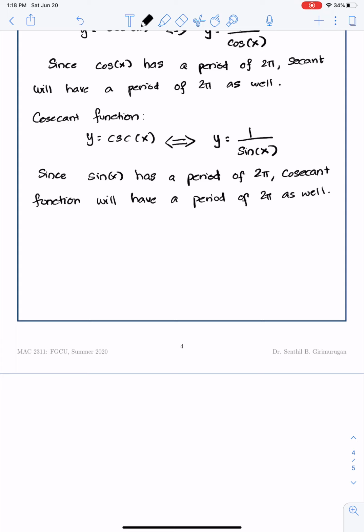And the last case is the cotangent function. It is denoted as COT of x, stands for cotangent, and that is simply y equals 1 over tangent of x.